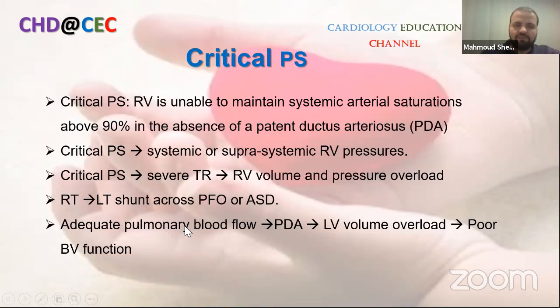To maintain adequate pulmonary blood flow, the PDA is still there. So these babies have LV volume overload from the PDA, and this LV is compressed also by the RV, so it has volume overload and pressure overload from the right side, which may end with poor biventricular function, and sometimes they present with cardiogenic shock.